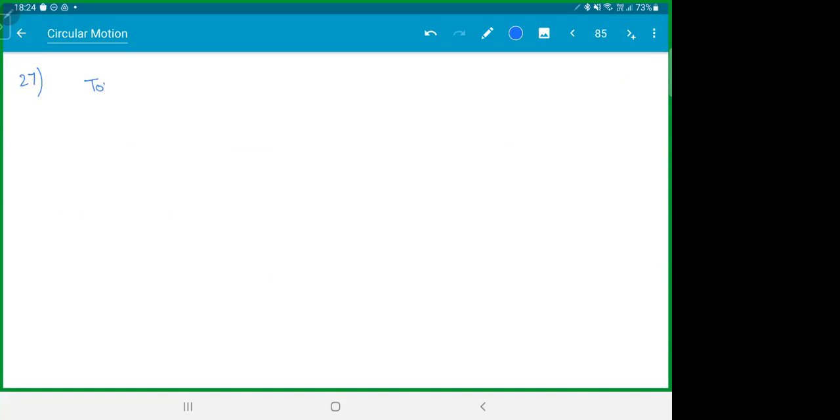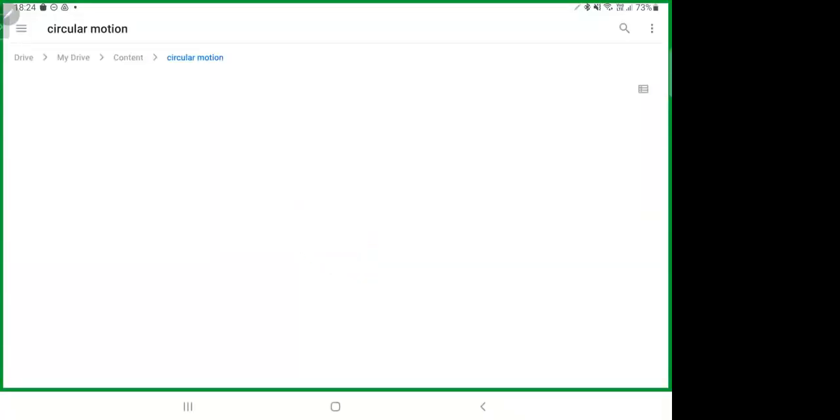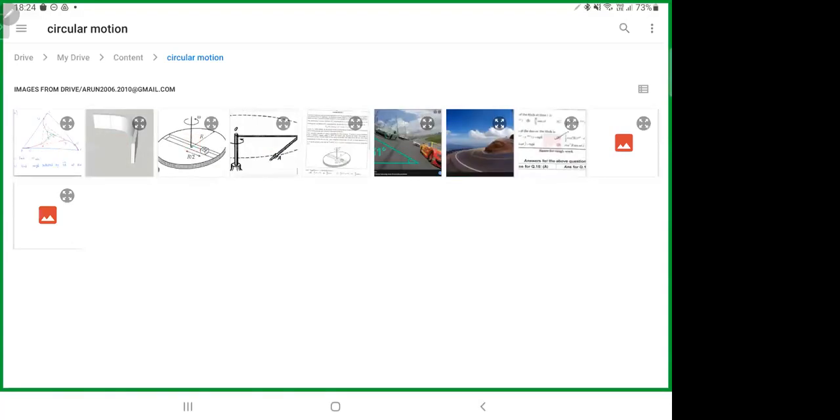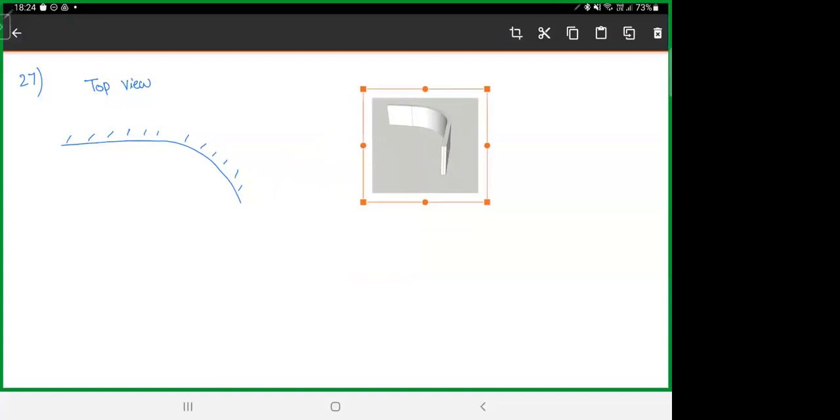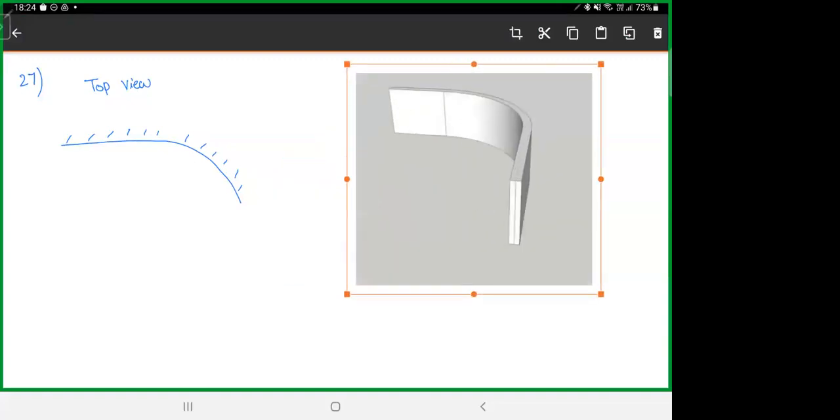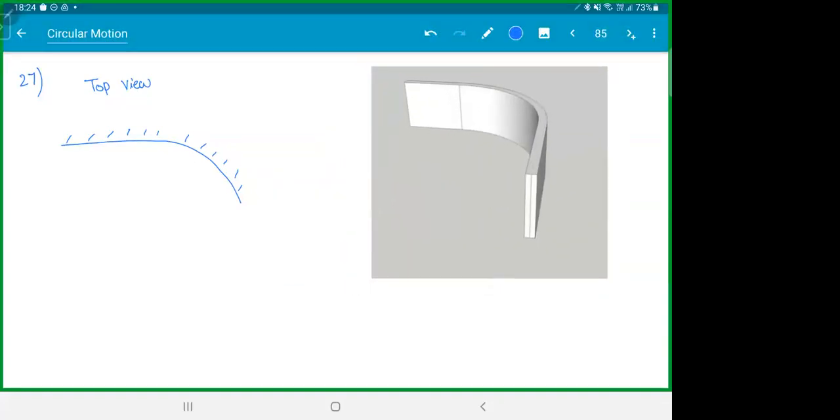This is our top view. This is how it looks. So you have a curved road. The diagram would have looked like this. This is the side view.